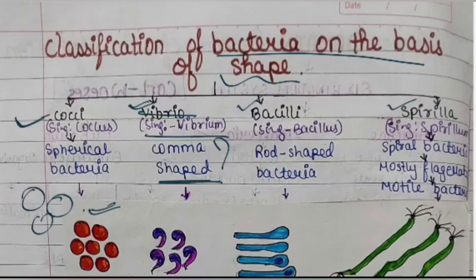Next is bacillus, or rod shaped bacteria. And the last type, spirilla, these bacteria are spiral in shape and are mostly flagellated, so they are motile bacteria.